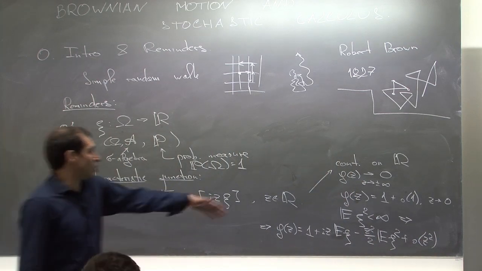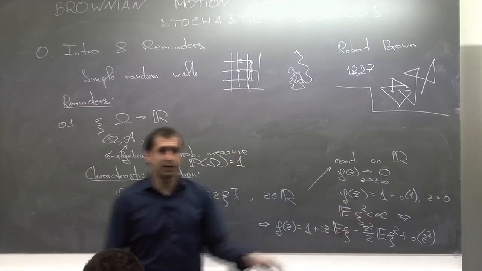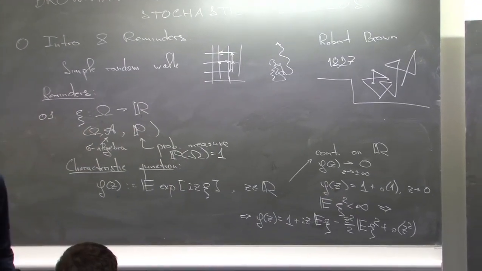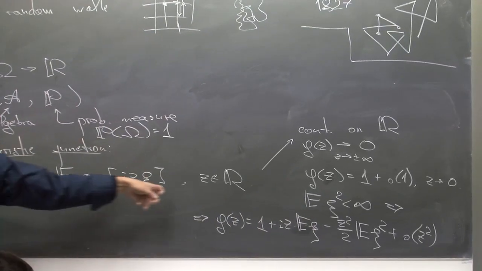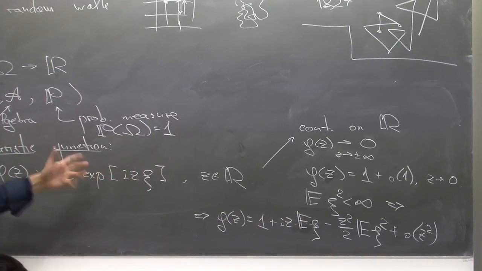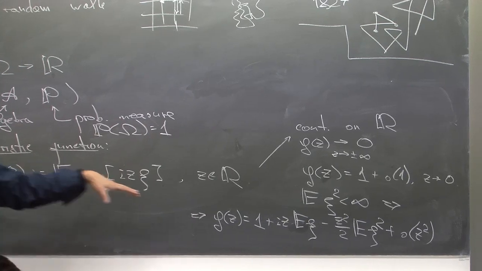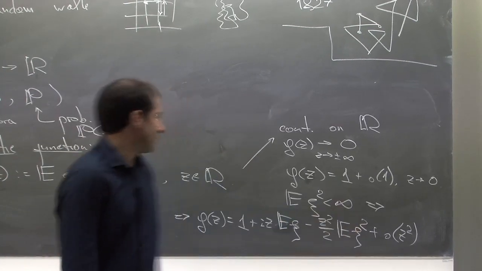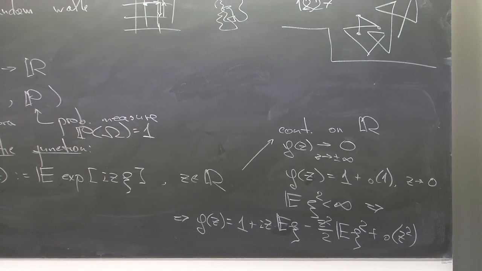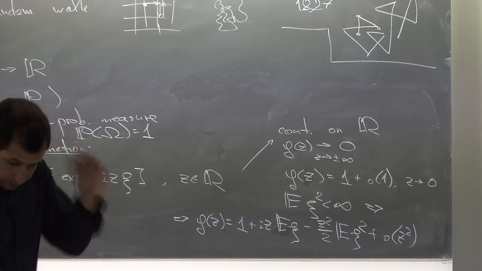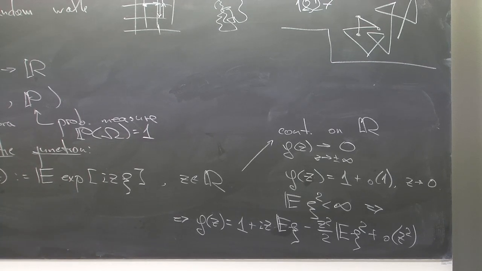If it has 4 moments, then you can write down 4 terms in this expansion. And this is nothing but just differentiating this expression under the expectation. That's more or less standard theorems from the calculus course. Good, so that's about the characteristic function.